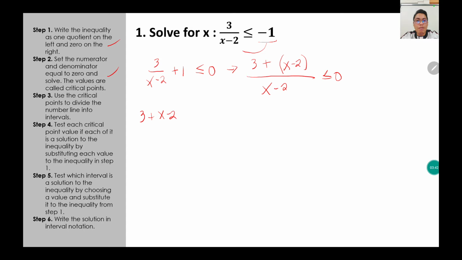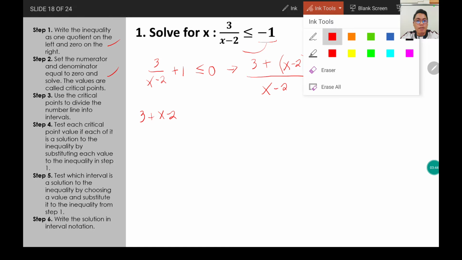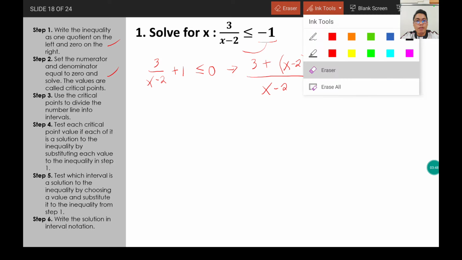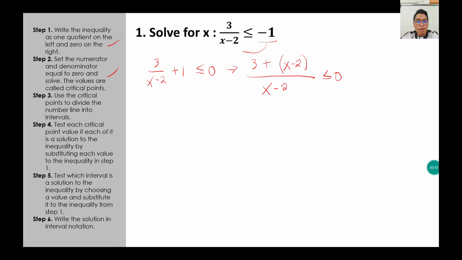Simplify muna natin yung unang given natin. Ito ay magiging 3 minus 2, so 1. So we will now have x plus 1 over x minus 2 less than or equal to 0. Okay.